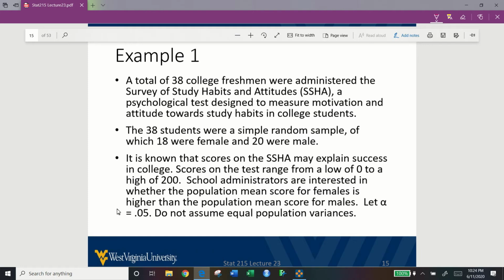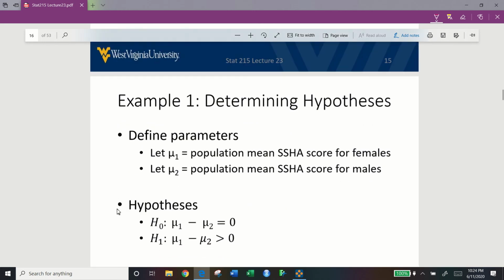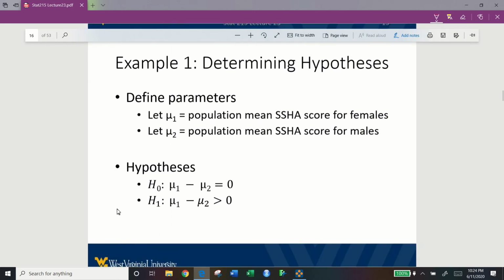School administrators are interested in whether the population mean score for females is higher than the population mean score for males. We will let our alpha equal 0.05, and we will not assume equal population variances. This means this is the unpooled case. To begin, let us define our parameters of interest.